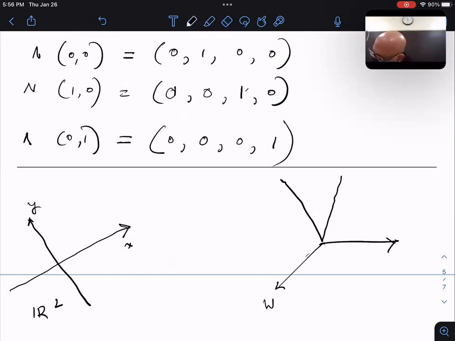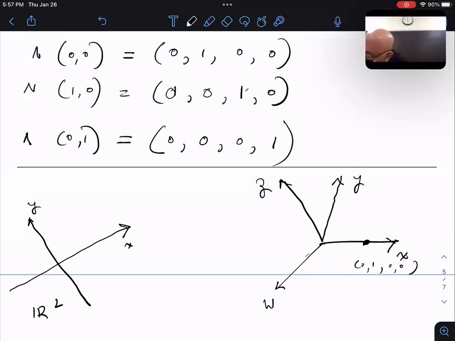So this is W, X, Y, Z. Of course, we can't fit 3 perpendicular things onto a plane, but we shall pretend that the angles are 90 degrees. So what is this saying? This is saying that 0, 0 goes to the point 0, 1, 0, 0. So this is the point 0, 1, 0, 0, right?